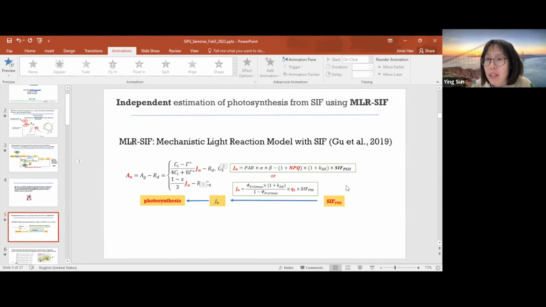So basically the carboxylation limiting state, whether it's Rubisco limited or light limited, that information is implicitly contained in QL. And that information should also be to some degree contained in SIF, but again, not enough to directly infer the Vcmax. Is that clear?